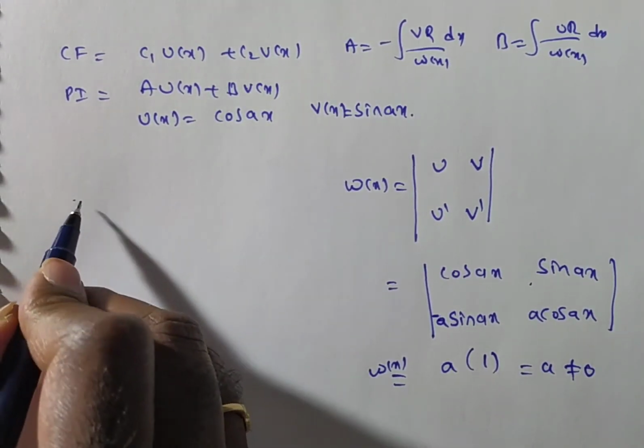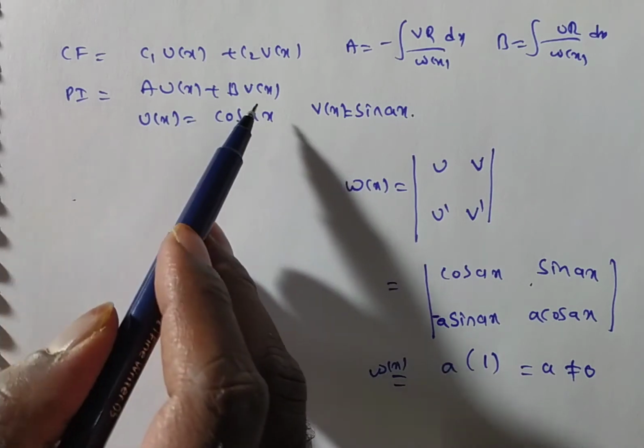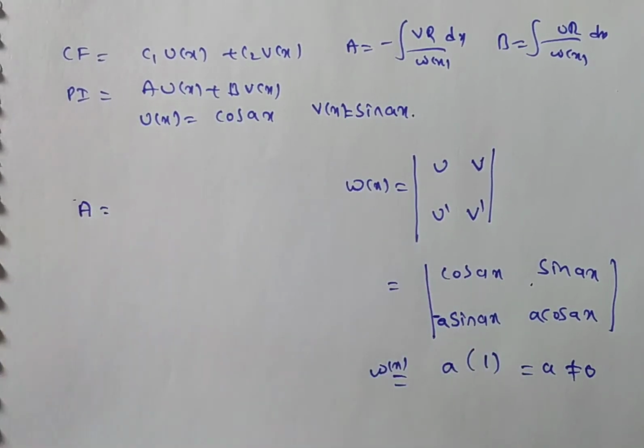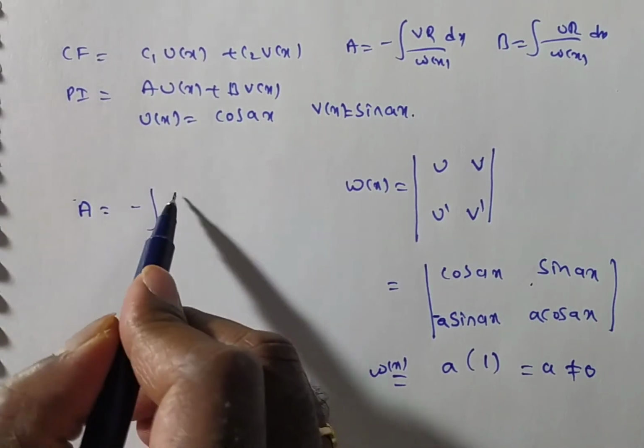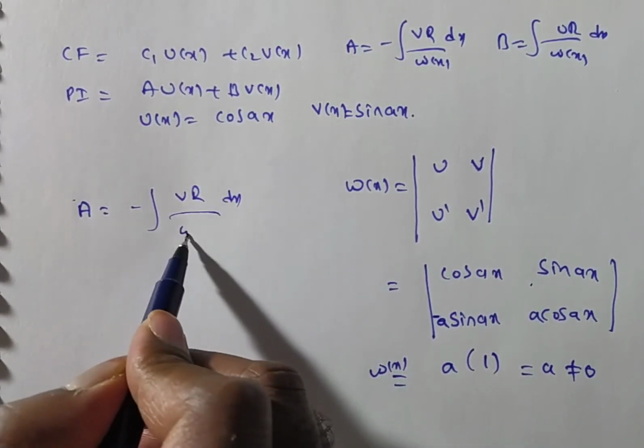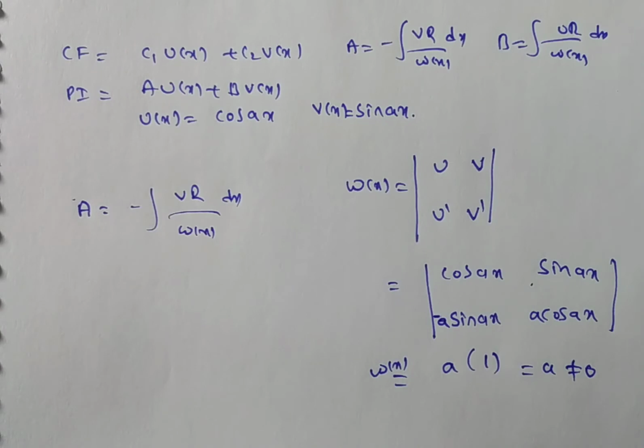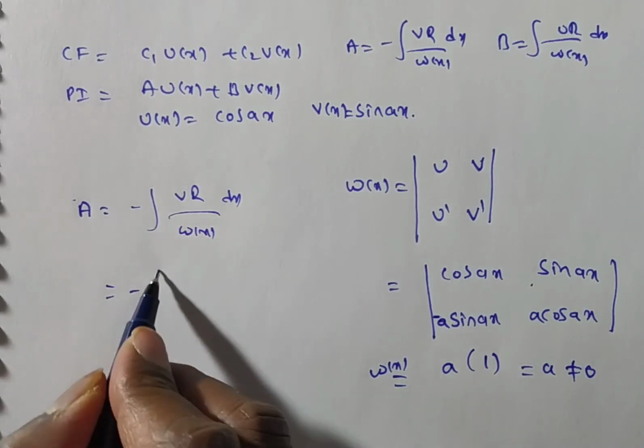Now the particular integral is A into u of x plus B into v of x. So what is the A you have? A is equal to minus integral vr dx by w of x. Now I am finding the A value. You see, minus, what is v?